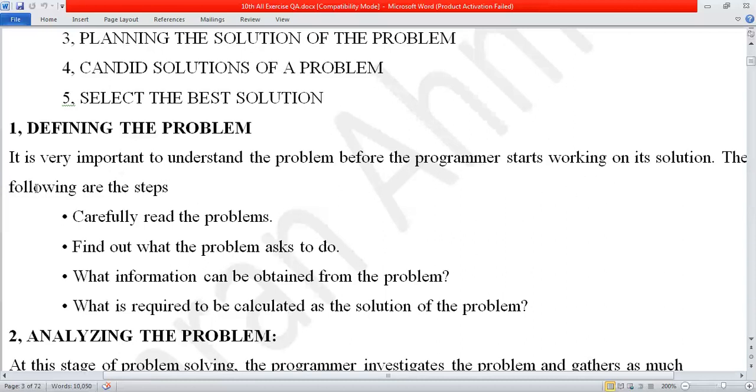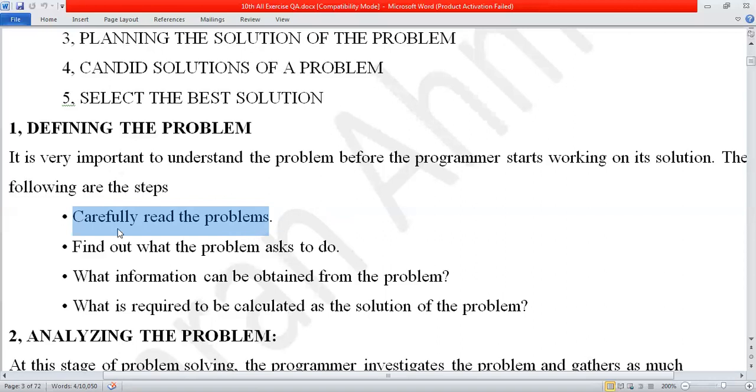The following are the steps. Carefully read the problem. Let's say they give you some files to read about the organization you are going to computerize, because you need to understand the organization.